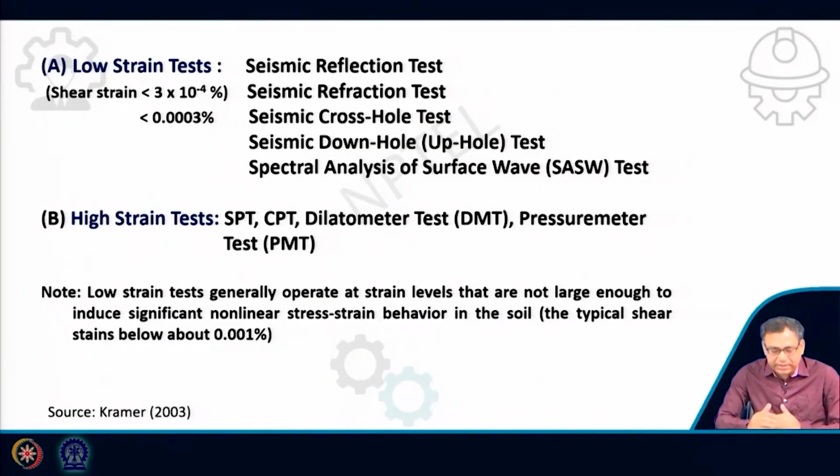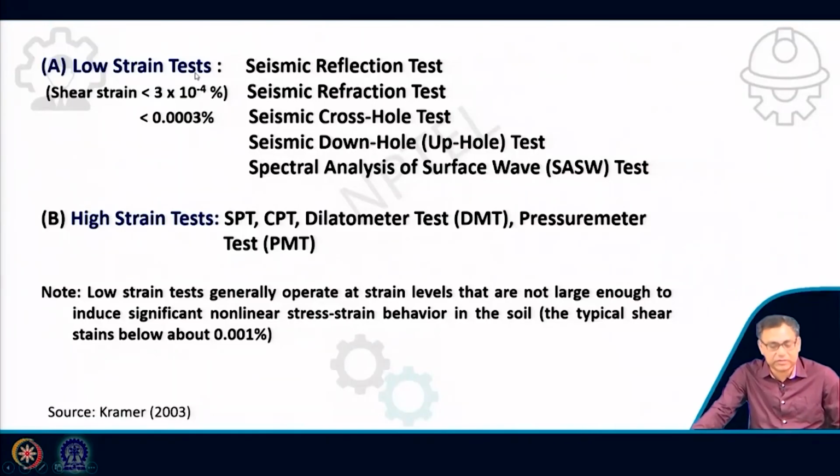So if our test gives a strain level below 0.001%, then it is called a low strain test, and if it is more than 0.001%, then it is called a high strain test. This is a normal guideline. In the field we can perform different low strain tests and different high strain tests.